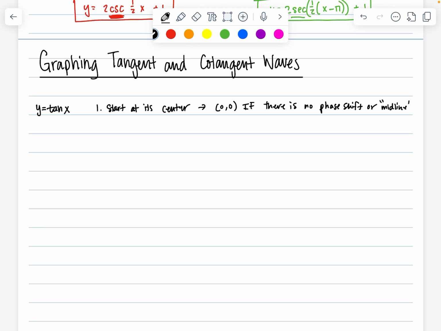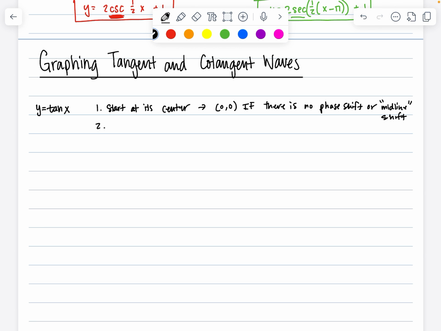I'm putting midline in quotes because it is no longer a midline. If you have a graph that looks like this, that point is not a midline. This is not the middle of it, because what's the middle between positive infinity and negative infinity? You can't tell me, because there is no midline for that. We still use that D value when we talk about a tangent wave. It's still some kind of shift vertically or horizontally, but it's not a midline anymore.